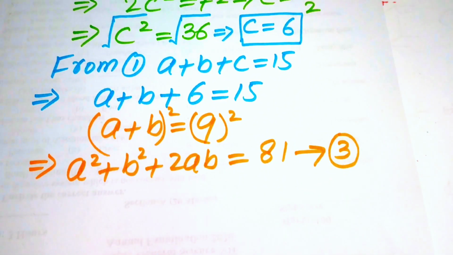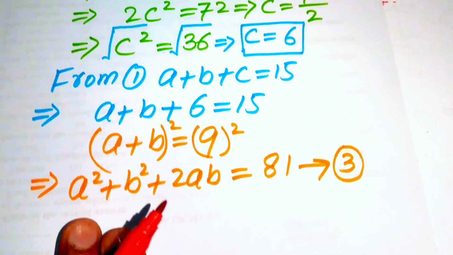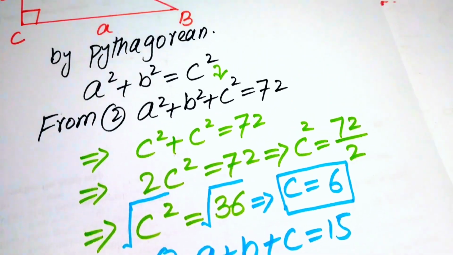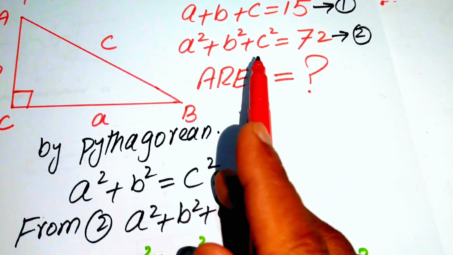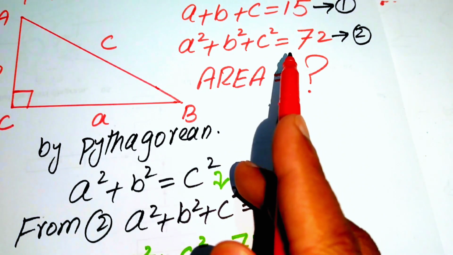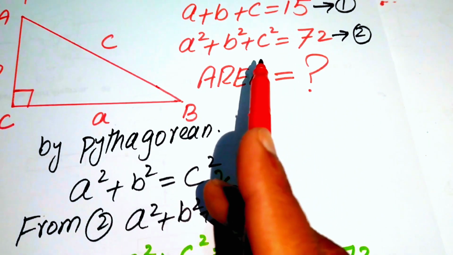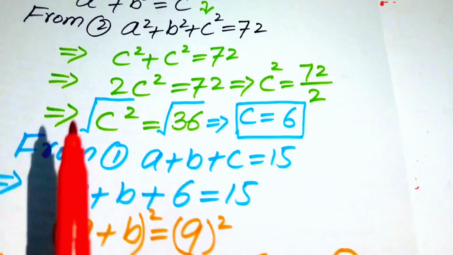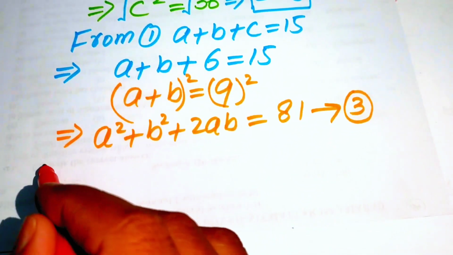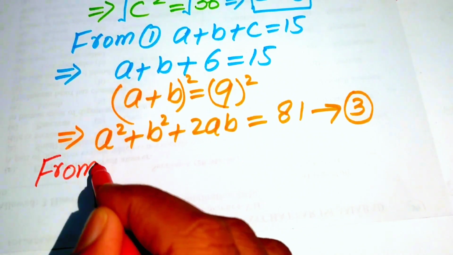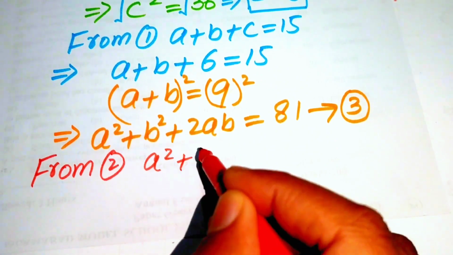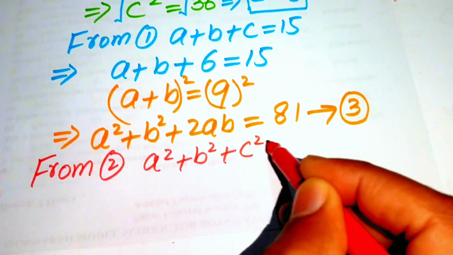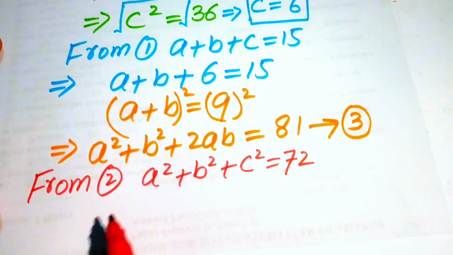Now we focus on equation number 2, a square plus b square plus c square equals 72.